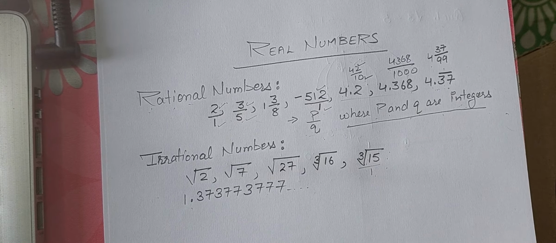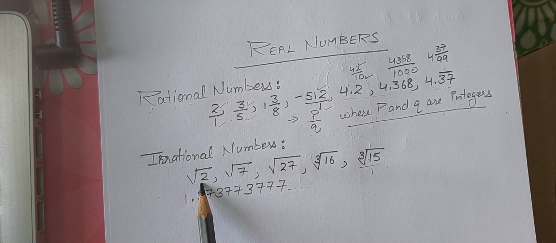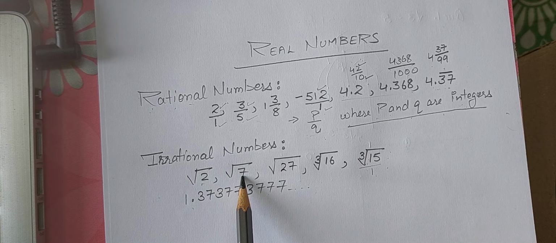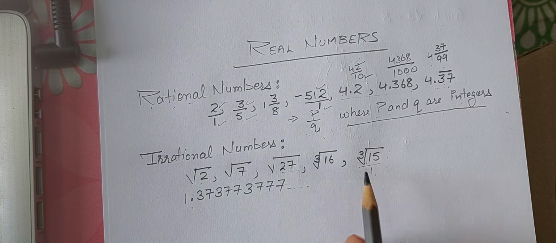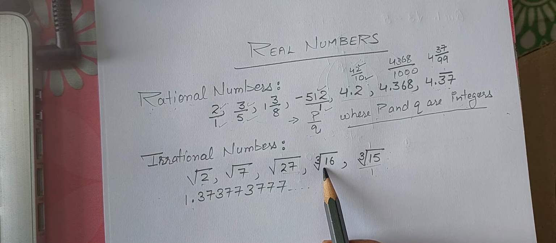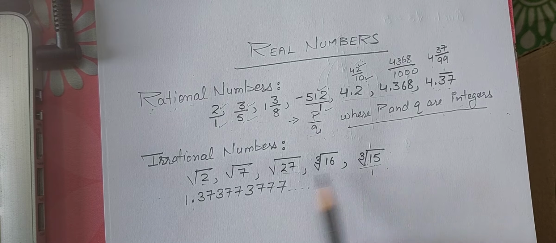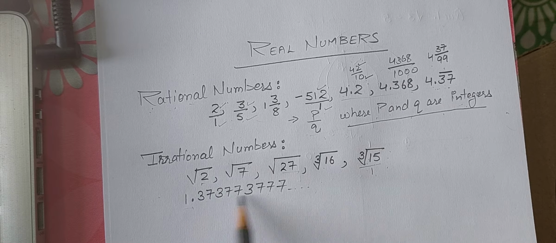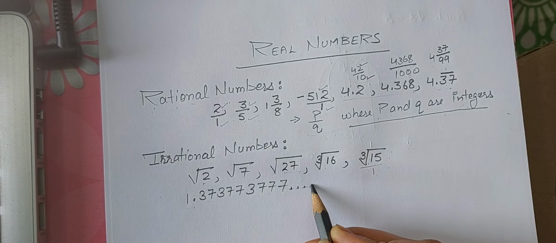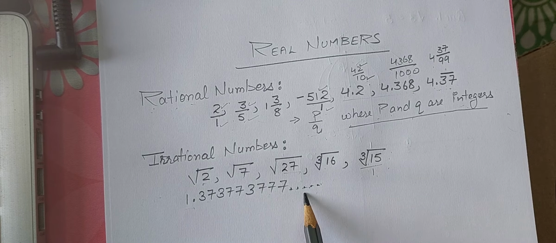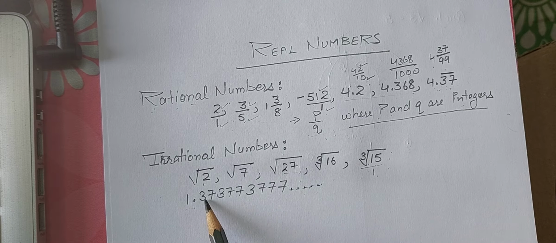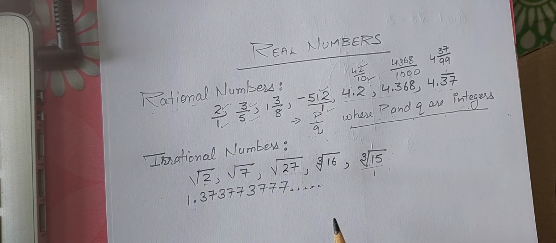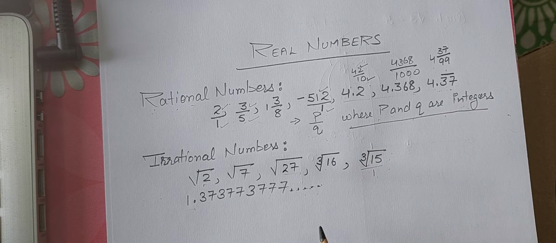Now here these all are irrational. 7 is a non-perfect square, 27 is a non-perfect square, 16 is a non-perfect cube, 15 is also, and here also what do we have? We have a decimal number whose digits are not terminating, in fact not recurring. If you see the pattern here, it's 3.737737777. You cannot say something is recurring.